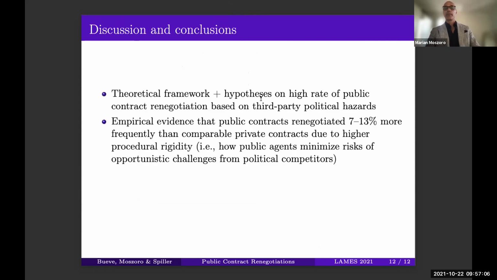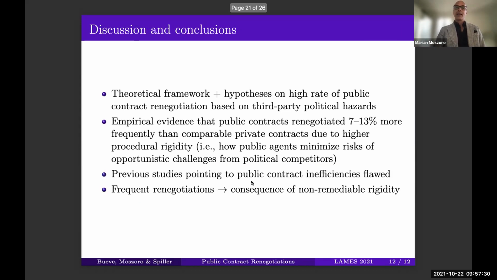To conclude, first of all, we show a theoretical framework for the understanding of public contract renegotiation, and we provide some novel hypotheses. We show that public contracts are renegotiated around 7 to 13% more frequently in comparison to private contracts.